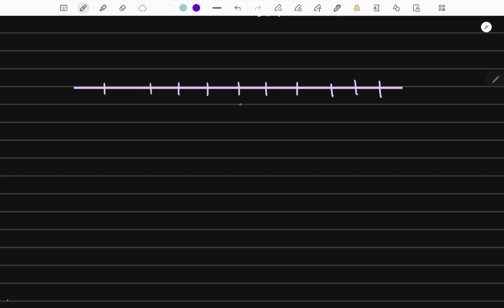This is going to be 0, -1, -2, -3, -4, 1, 2, 3, 4, 5. Let's do 5 over here, -5. With the number line, we can see we have rational numbers, and we have integers, we have whole numbers.